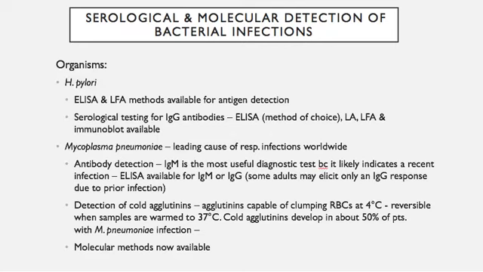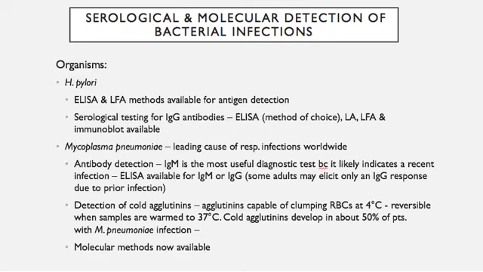Okay, H. pylori, we have ELISA and lateral flow assay methods available for antigen detection. Serological testing for IgG antibodies can be done by ELISA, LA, LFA, and immunoblot.